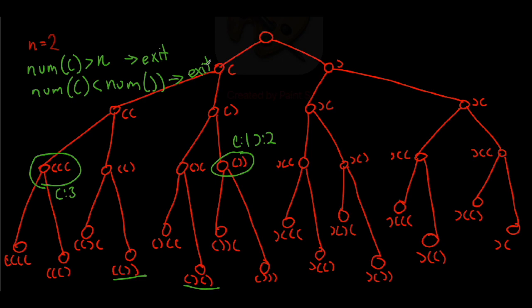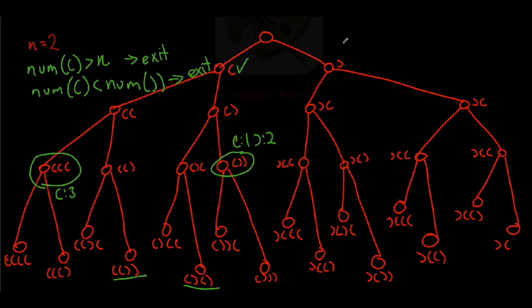Let's start at the left-hand child of the first node of the root. Well, the number of opening brackets is 1, which is clearly less than n, so that's fine. And the number of opening brackets is strictly more than the number of closing brackets, so we can keep this node.